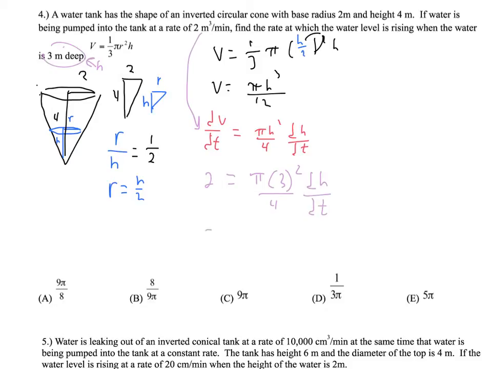Multiply both sides by 4. 8 is equal to 9 pi dh/dt. dh/dt will equal 8 over 9 pi.